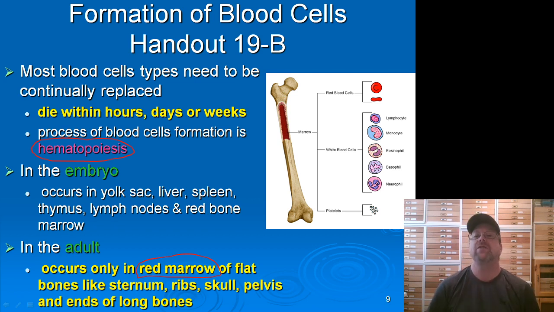So you're attacking that virus with your T cells. And then the B cells are going to be recognizing that virus, and they are going to be building antibodies against that virus. So when you recover from having that virus, you're going to have a bunch of antibodies that will guard against that infection a second time. And that's, in a nutshell, how your immune system works.